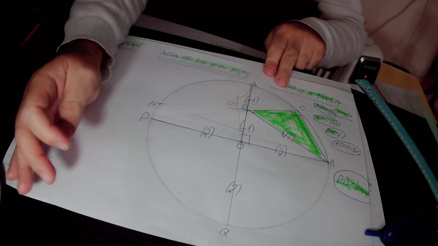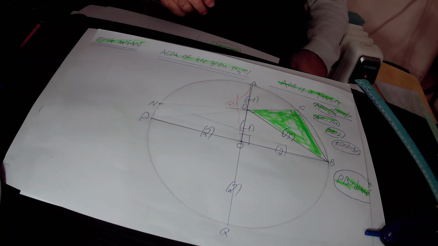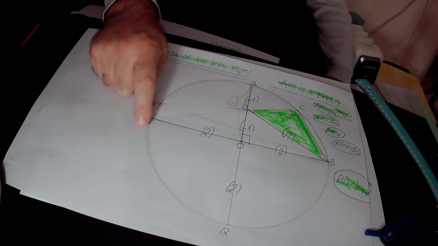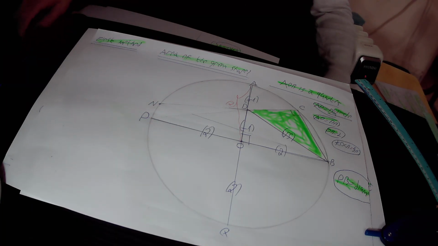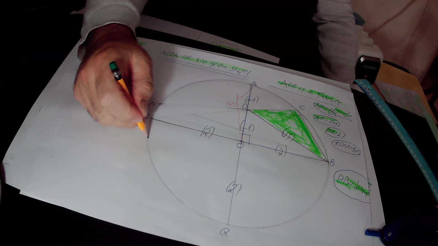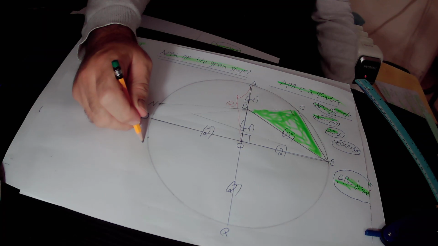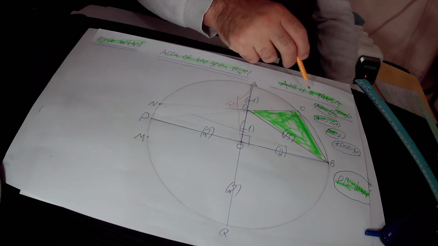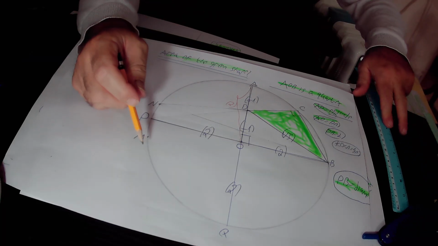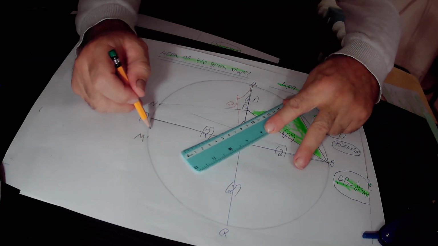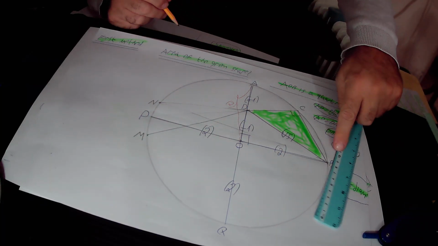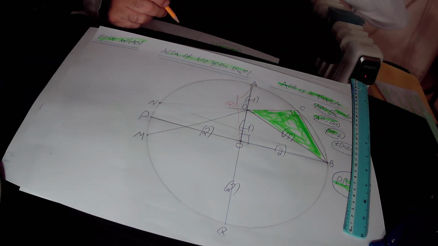In the next step, we will assume that the extended side CD will touch the circle at this point. We define the touching point, this point is M. So we have peripheral angle BCM. This is peripheral angle BCM.